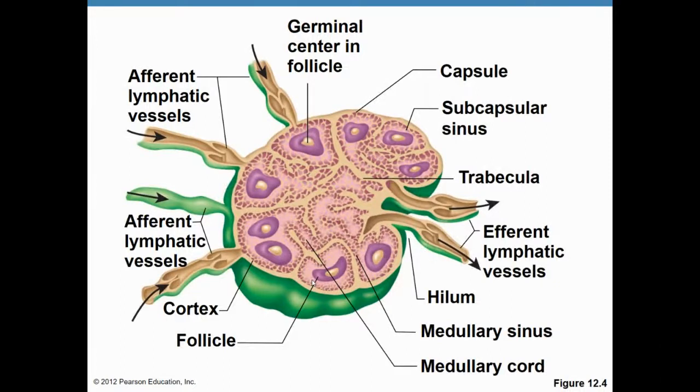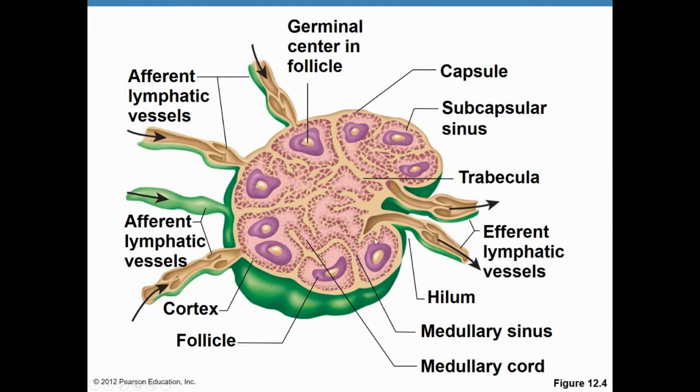So here's a diagram of a lymph node. It is shaped kind of like a kidney bean, right? So we have this convex outer surface and this concave inner surface. Many lymphatic vessels will attach to the lymph nodes. So you have multiple afferent vessels that are going to carry lymph towards the node, and fewer efferent vessels that are going to transport lymph away from the node.